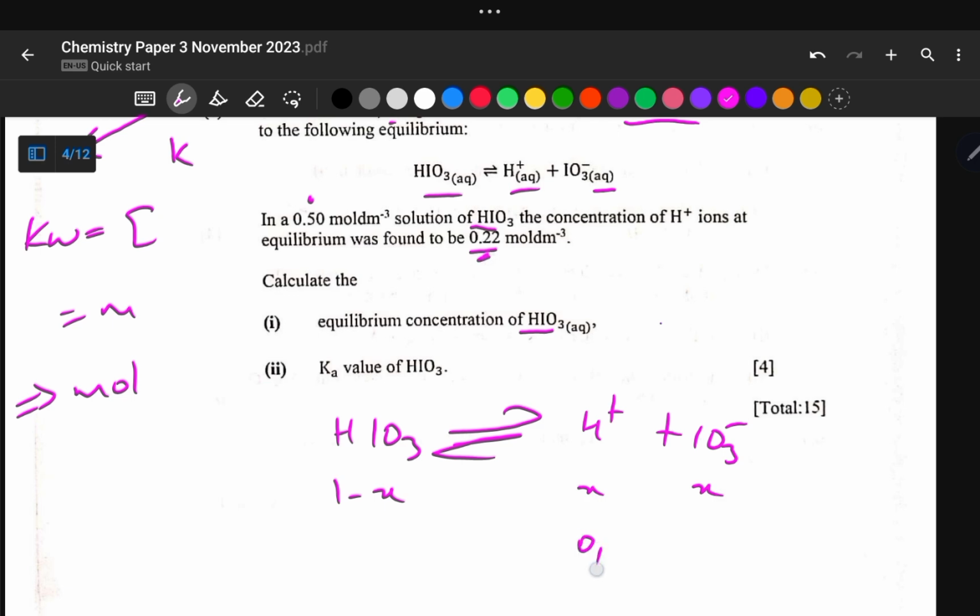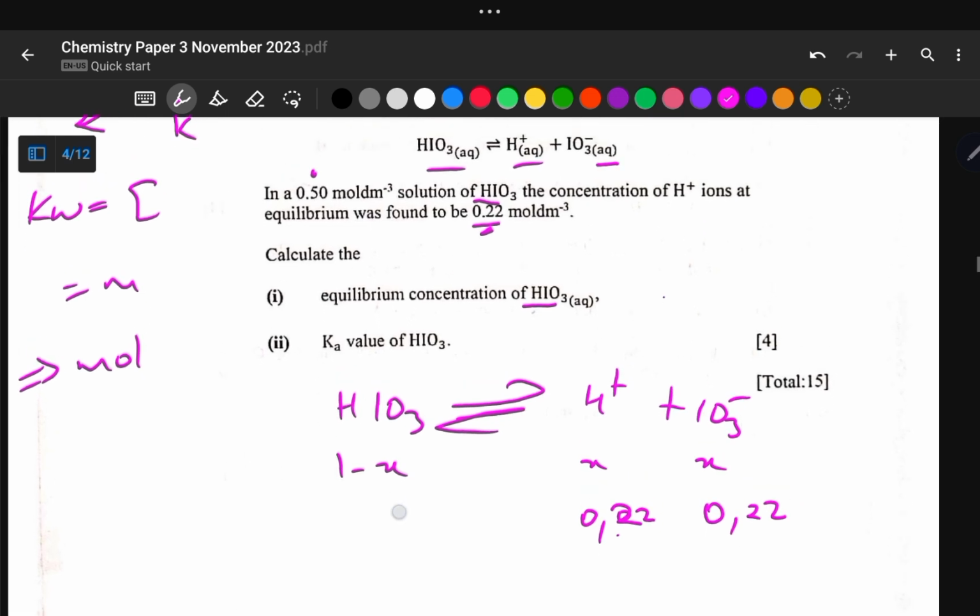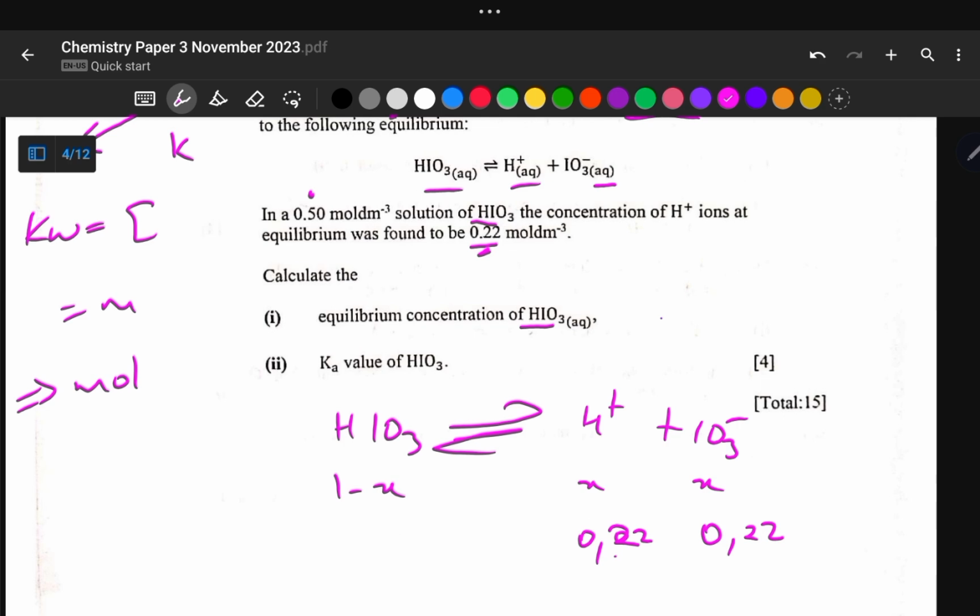So x is equal to 0.22, right? And then 1 minus x, so 1 is the initial concentration of the acid. So we are going to have 0.5 minus x, and this is the concentration at equilibrium, right?